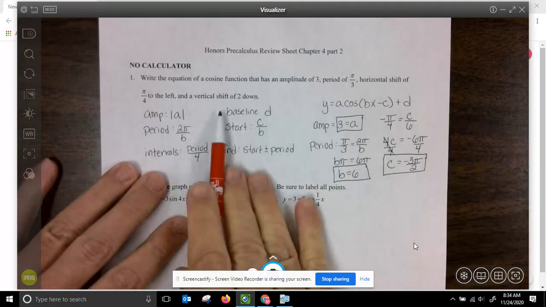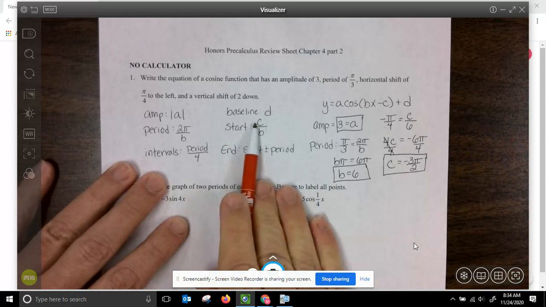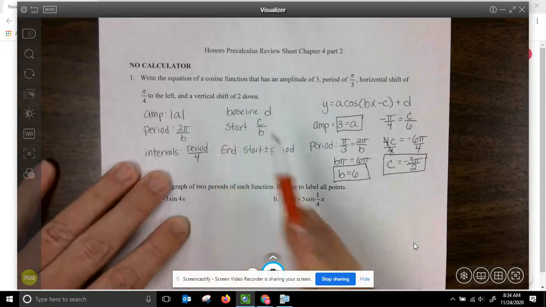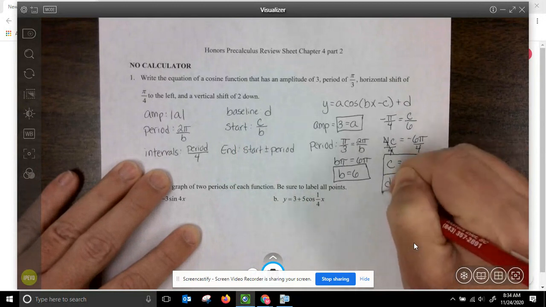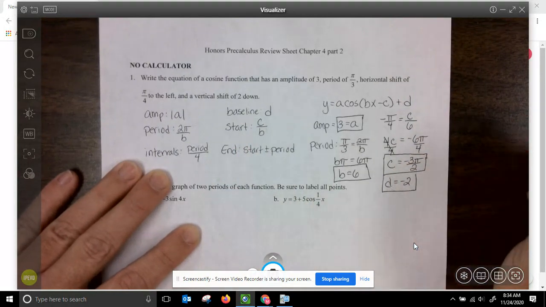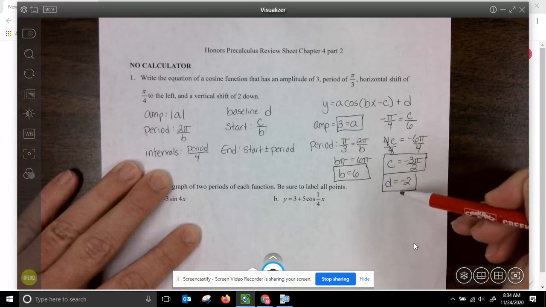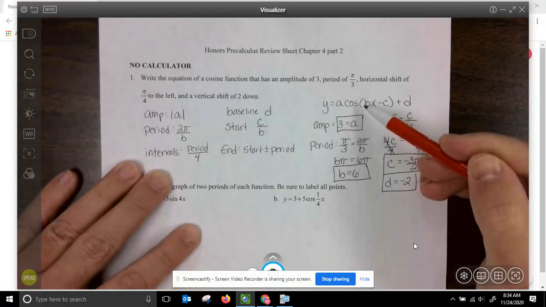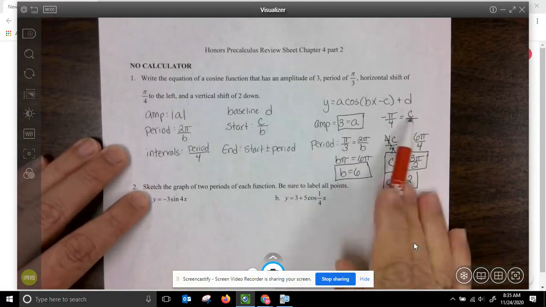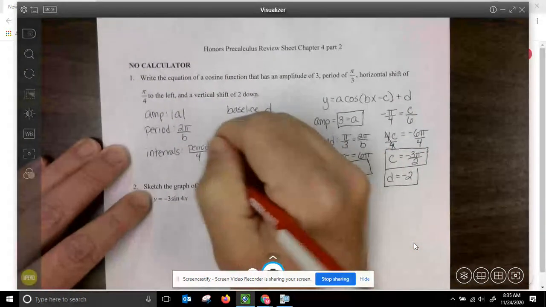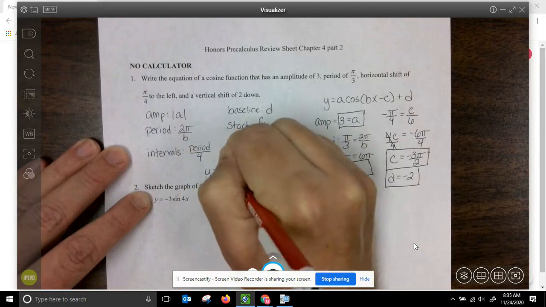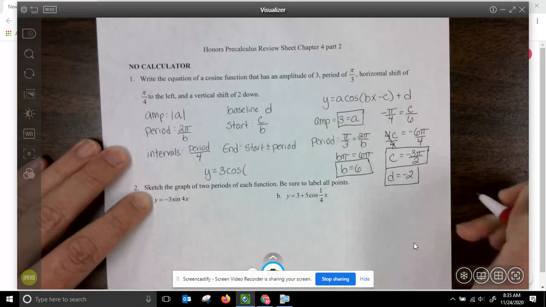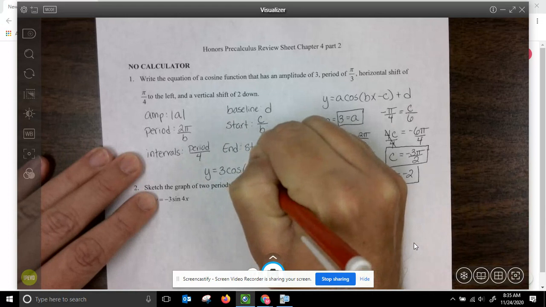All right, our vertical shift of down 2, that's the same as my baseline. Of course, down is the negative direction, so d is equal to negative 2. So now we have A, B, C, and D. All we have to do is plug them into our standard form for a cosine function. If we do that, we will have y is equal to 3 times the cosine of 6x.